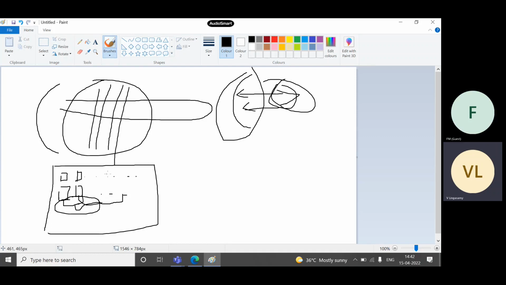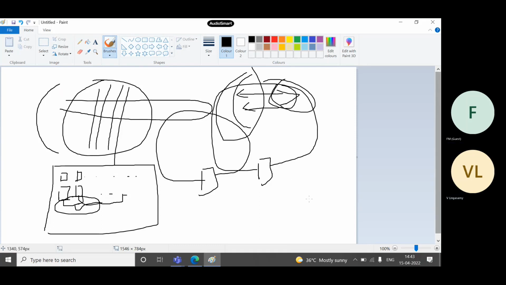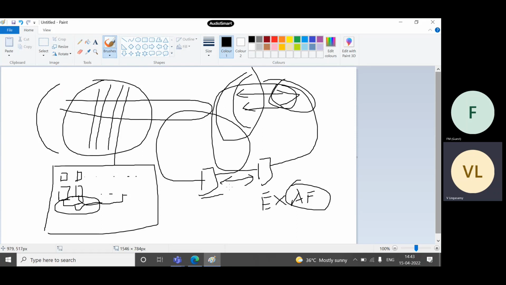Each patch antenna, for example, has a radiation pattern like this. You might have studied array factor, right? So see what array factor says. You will have an element pattern, and there will be a factor called array factor, which depends upon the number of elements, the spacing between them, and how it is fed.